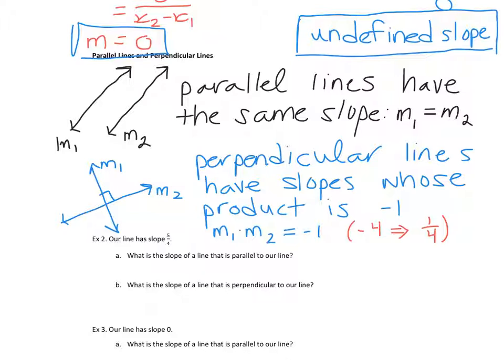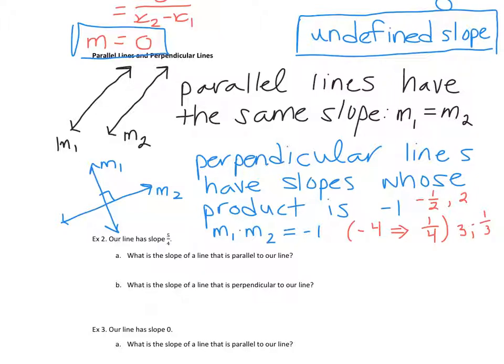If we had a -1/2, we would flip it and make it positive, so -1/2 and 2 are negative reciprocals. So those slopes are perpendicular. Let's do one more. Let's say we had 3, then the negative reciprocal, or the perpendicular slope, we flip it and do the opposite sign, so in this case it would be -1/3.